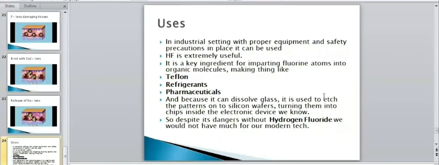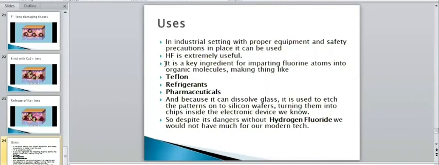Now, what are the uses? In an industrial setting, with proper equipment and safety precautions in place, it can be used. Hydrogen fluoride is extremely useful. It is the key ingredient for imparting fluorine atoms into organic molecules, making things like Teflon, refrigerants, and pharmaceuticals.